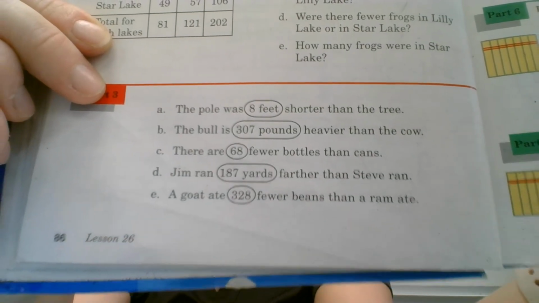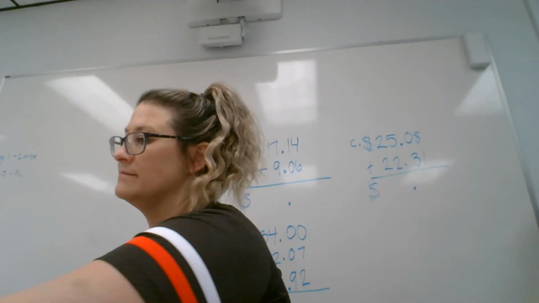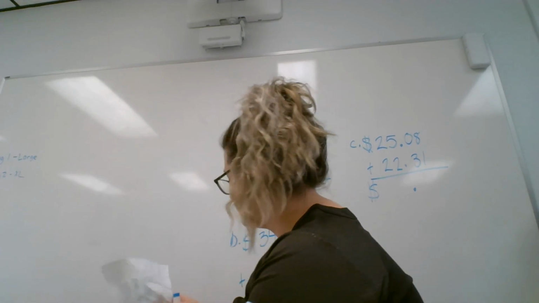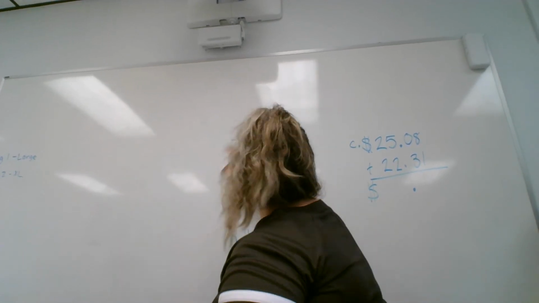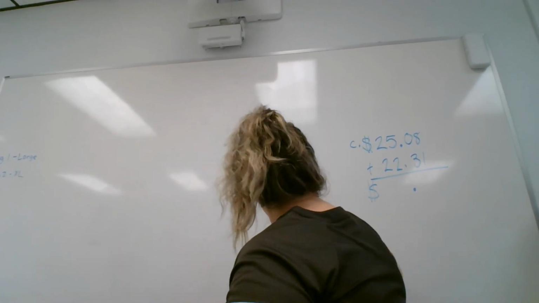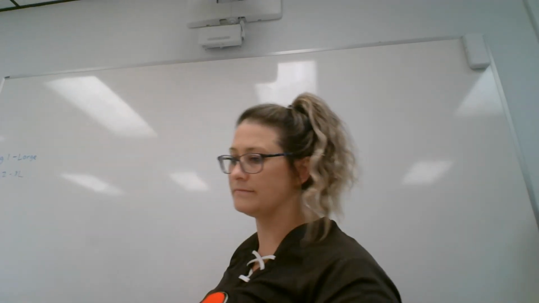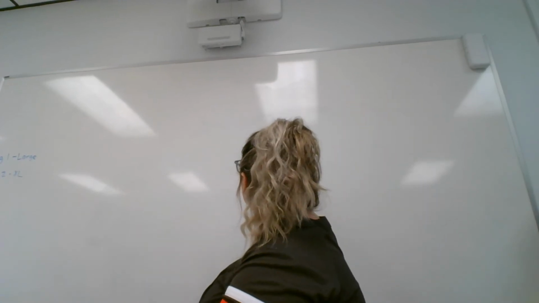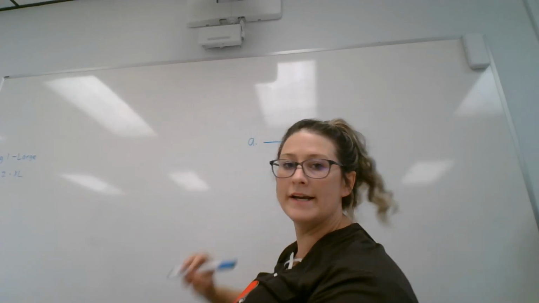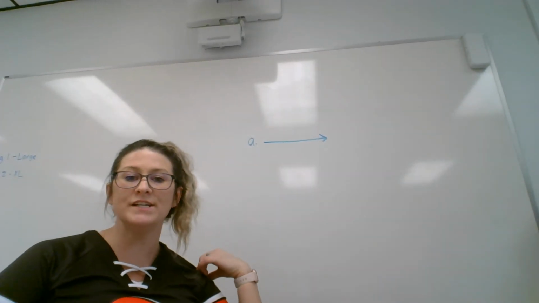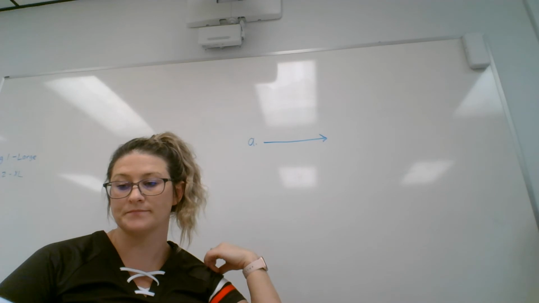Sentence A. All right, sentence A says, the pole was 8 feet shorter than the tree.